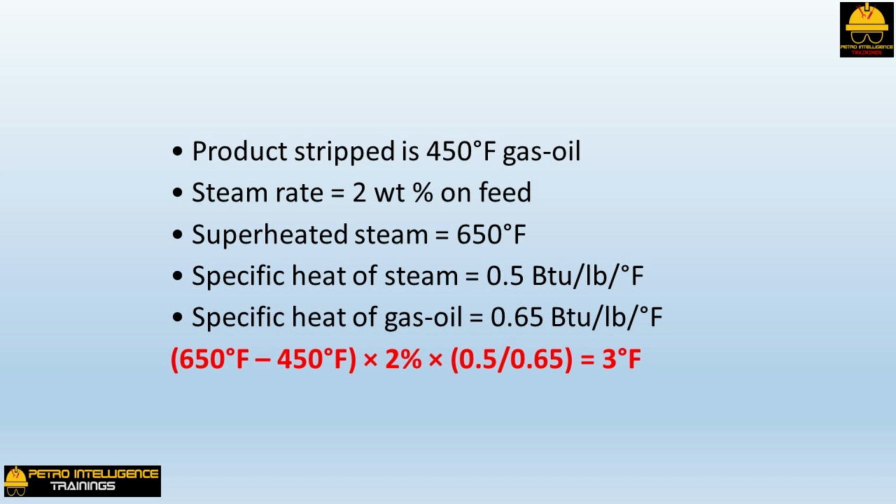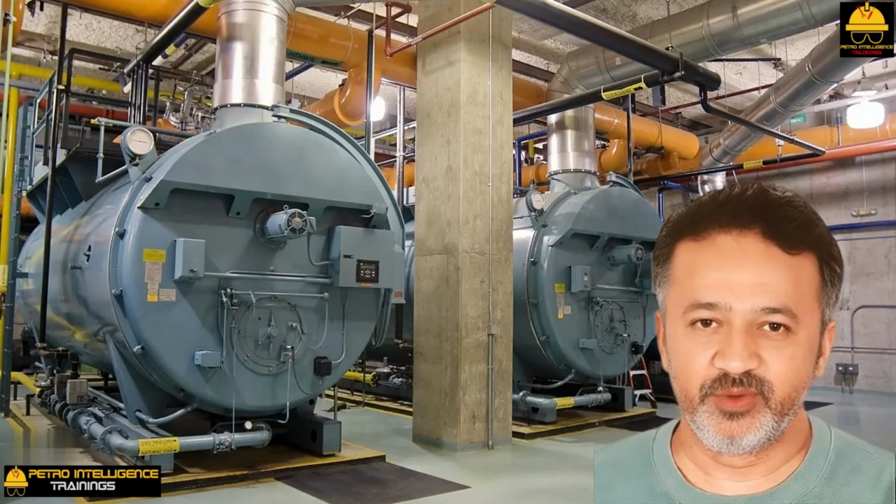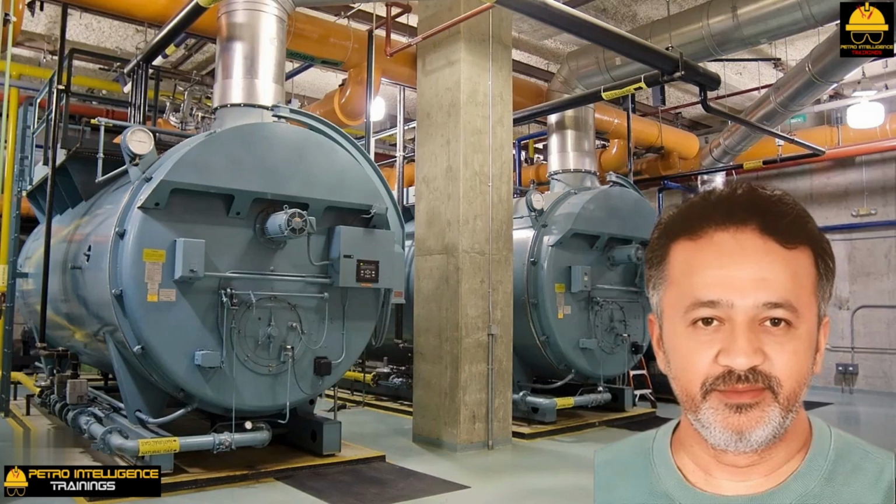Specific heat of steam equals 0.5 BTU per pound per degree F. Specific heat of gas oil equals 0.65 BTU per pound per degree F. Therefore, the temperature increase of the gas oil due to the superheated steam is 650 degrees Fahrenheit minus 450 degrees Fahrenheit, times 2%, times 0.5, divided by 0.65, equals 3 degrees Fahrenheit. The 3 degrees Fahrenheit is hardly worth the investment in the superheat coil.